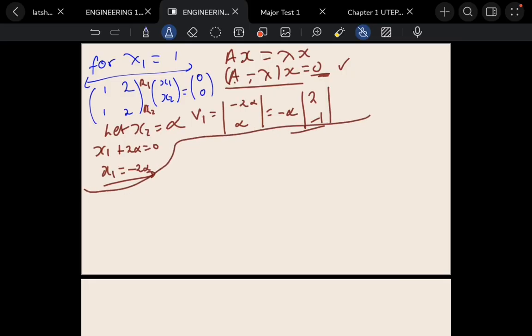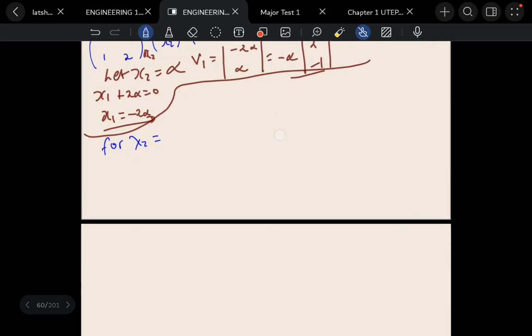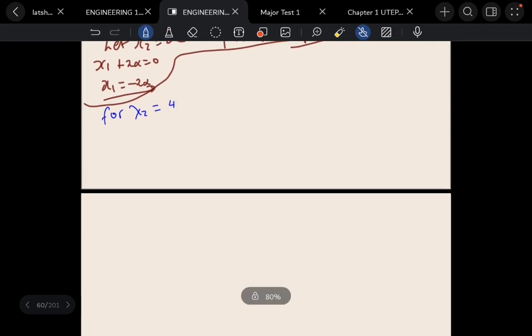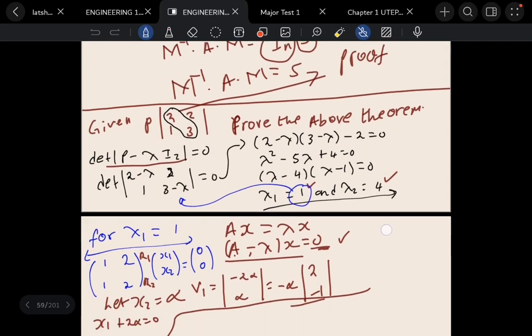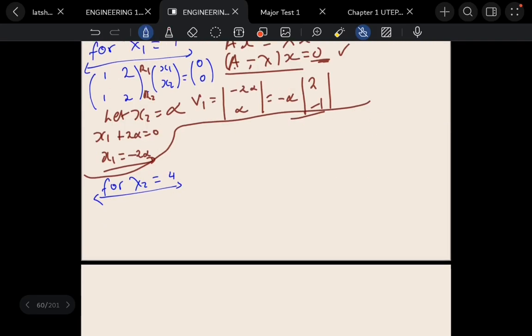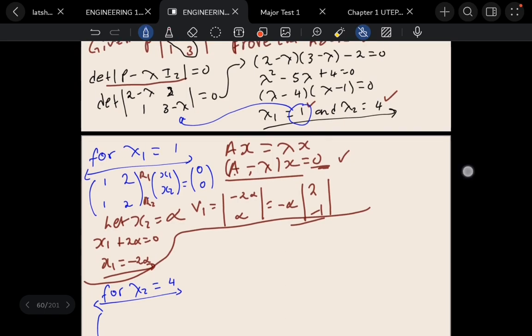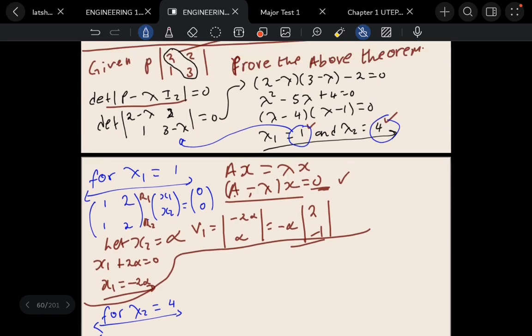Right. So let us get the eigenvector for lambda 2. For lambda 2, we have 4. For the eigenvector for this lambda, I am going to take this lambda here, which is 4, and replace it here.